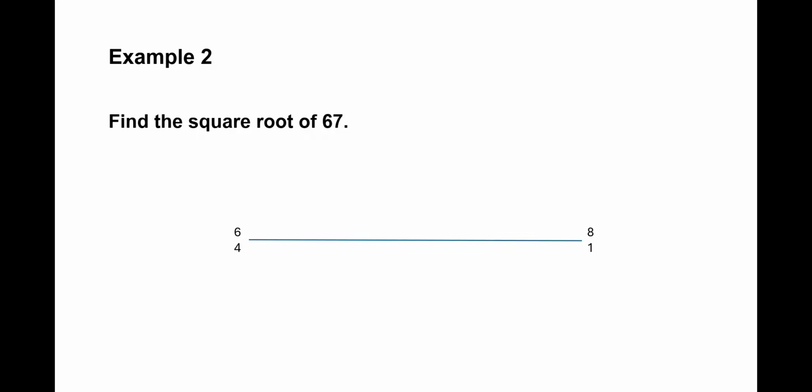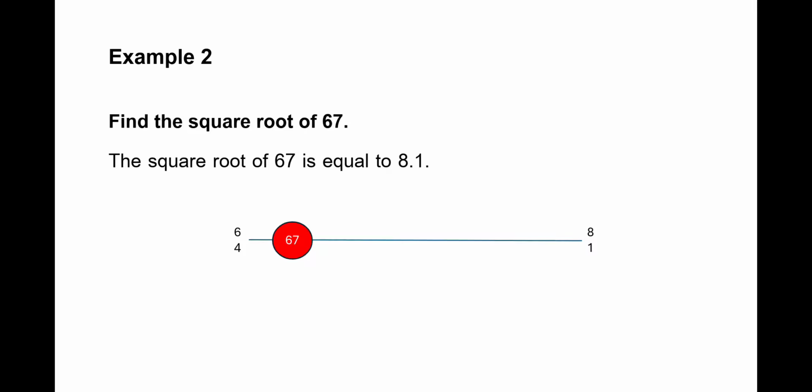So if you say that the square root of 67 is here, then you're correct. The square root of 67 is approximately equal to 8.1, but it's actually 8.06.